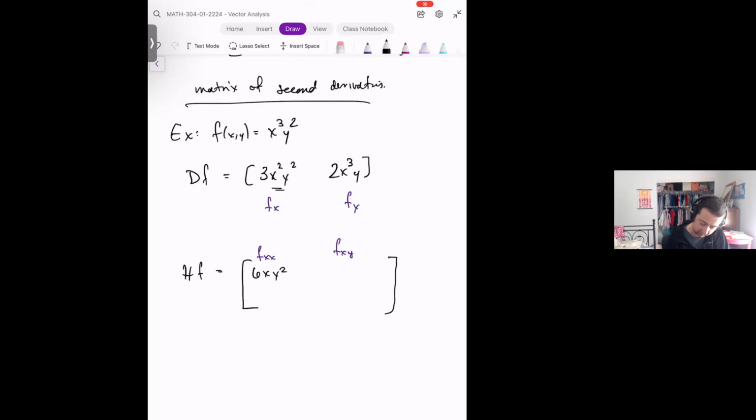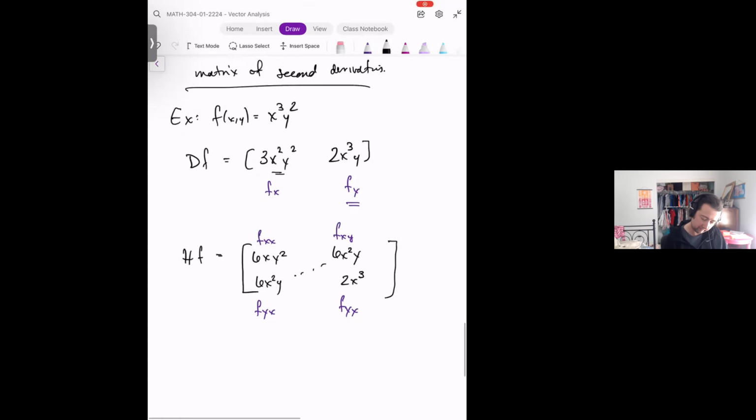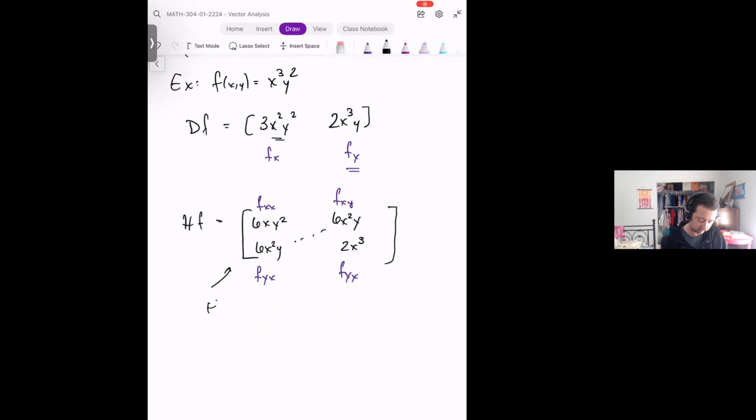And the derivative of that same object with respect to y is 6x squared y. The second row should be the derivatives of fy. So this should be fyx, and this should be fyy. Now, if we've done this right, this will be a symmetric matrix. So if I take this and I take its x derivative, I get 6x squared y. It's pretty reassuring that these are equal to each other because Clairaut's theorem says they should be. And then the two derivatives with respect to y gets us 2x cubed. And so this object is the Hessian.